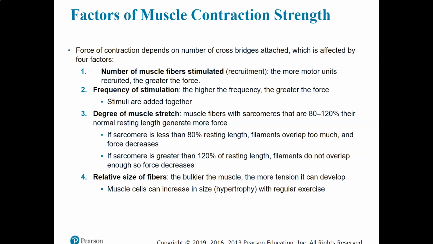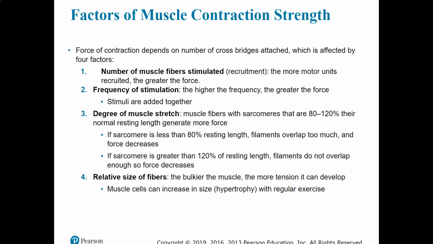But if it gets squished more than that or pulled more than that, it's not going to have as much force. If we contract it beyond 80% of its resting length, the filaments overlap too much. There's no place for the filaments to slide, and so we can't generate much more force. If it's greater than 120% of its resting length, then the filaments don't overlap enough. We're not able to form enough cross bridges, and so we're not able to generate a lot of force.